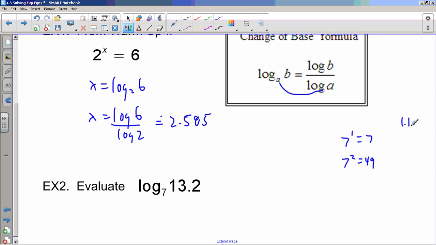I might guess 1.1 or 1.2, but this would be guessing and checking like a grade 11 would do it, but we're smarter than that now. We know it's the log of 13.2 over the log of 7, bash that into a calculator and get an approximate answer. I get about 1.33. Practice this on your calculator, folks, okay?